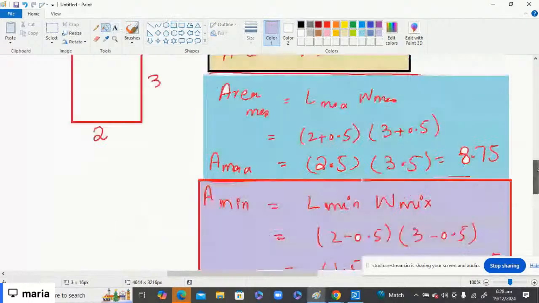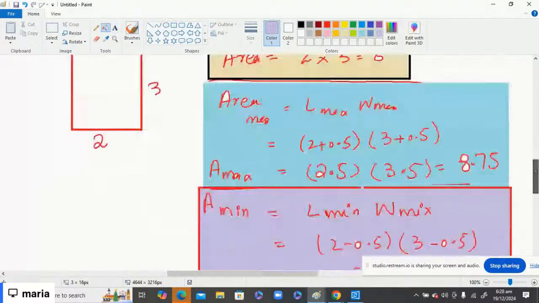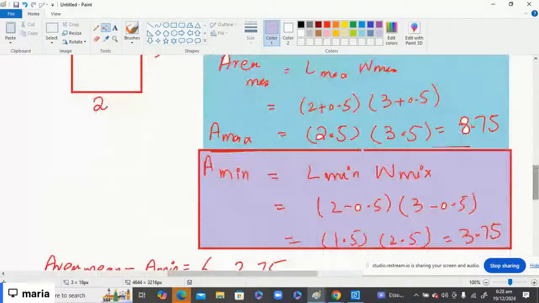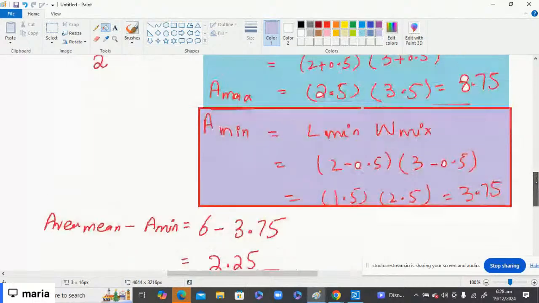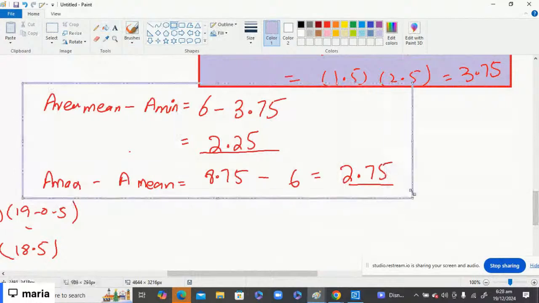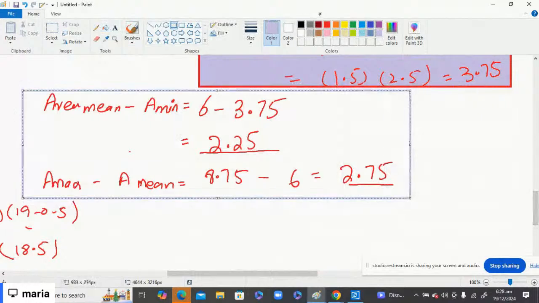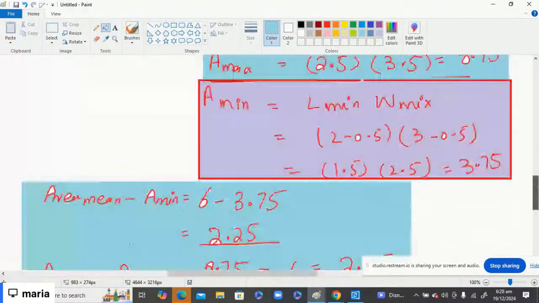Three steps here: finding the area, length times width, then the maximum area by adding 0.5 to both sides, then area minimum by subtracting 0.5 from both length and width, and then multiply. Now in the fourth step, you are going to find the area mean minus minimum area or maximum area minus area mean. These are the two values.